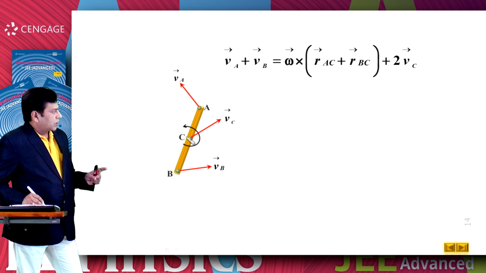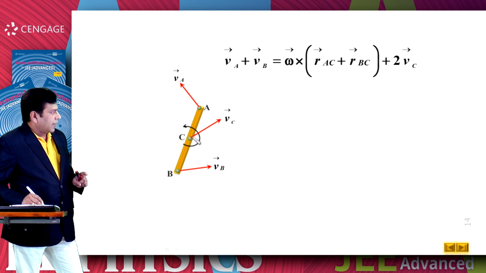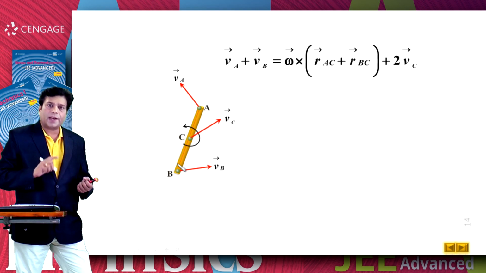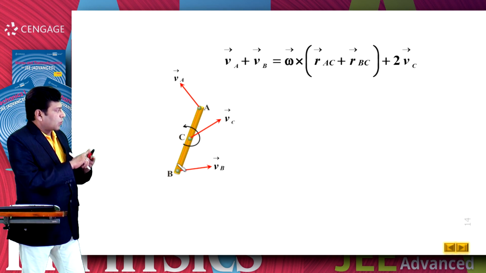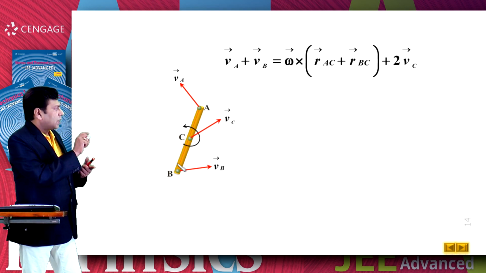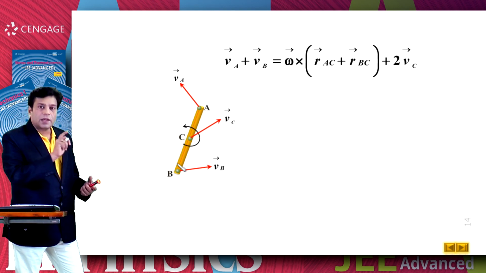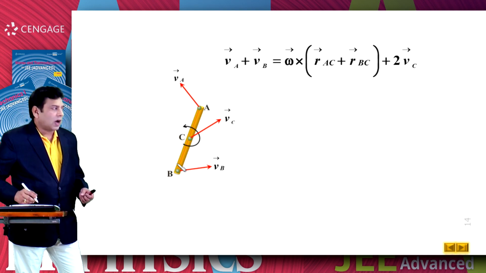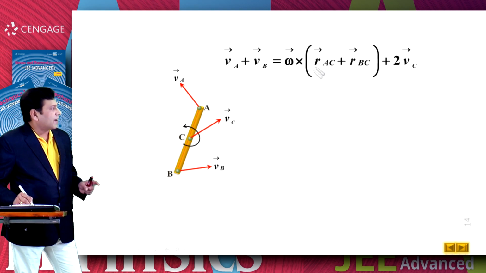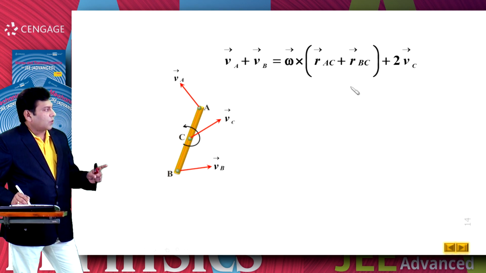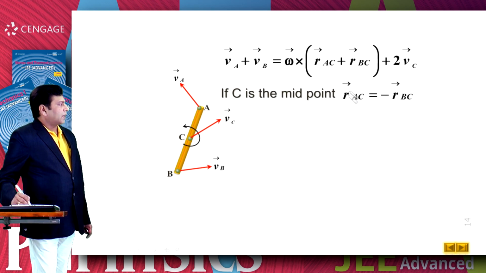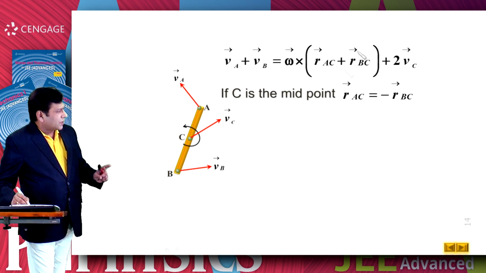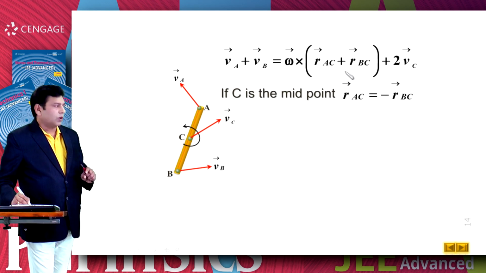Now we know C is a midpoint, and if C is a midpoint, then RAC and RBC should be in opposite directions, and because C is a midpoint, the magnitude of RAC should be equal to the magnitude of RBC. Now here we can write RAC equal to minus RBC. Correct? That means this term is equal to 0.